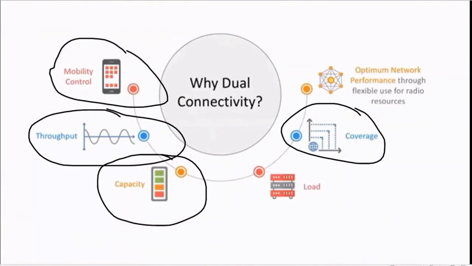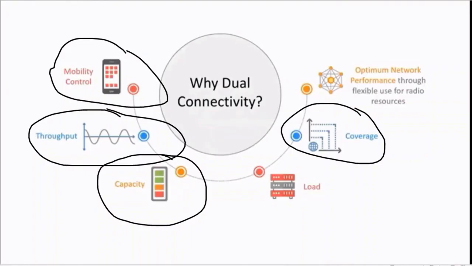So the first aim is to have coverage, but these low bands are generally occupied by LTE. So with the help of dual connectivity, we can use LTE bands and we can improve the coverage. It's really important to have that signaling connection right on the best coverage layer.